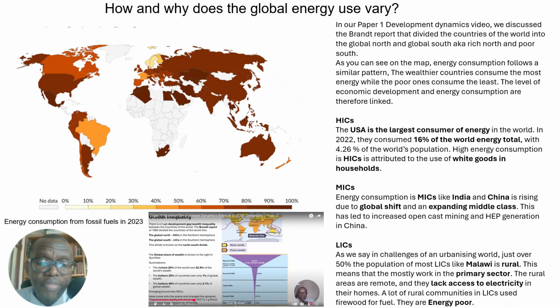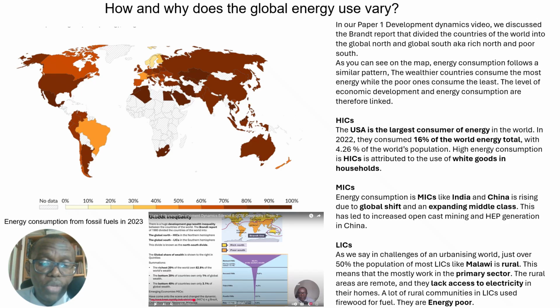And then we have the last category here, and those are LICs. As we said in challenges of an urbanizing world in paper 1, just over 50% of the population in most LICs like Malawi is rural. This means that most of these people work in the primary sector, and the rural areas are quite remote and lack access to electricity in their homes.